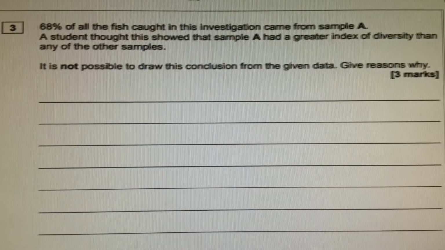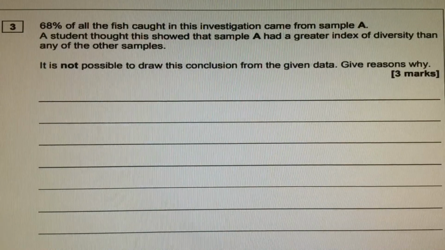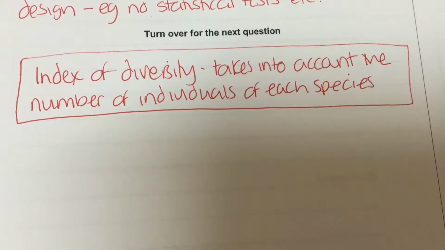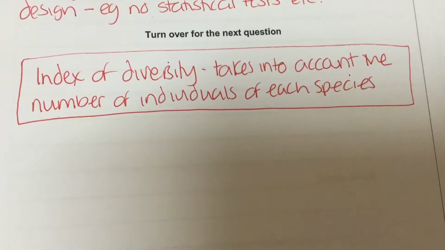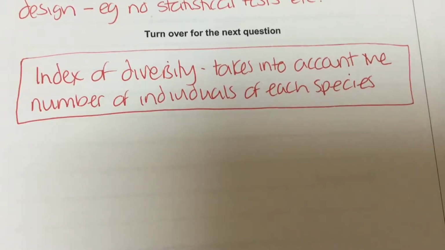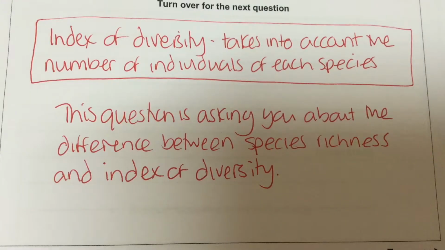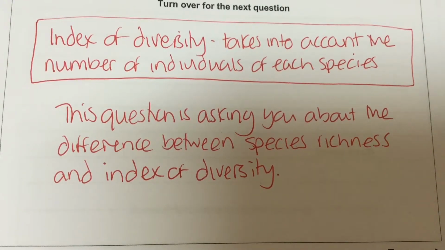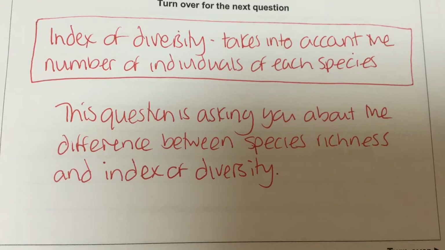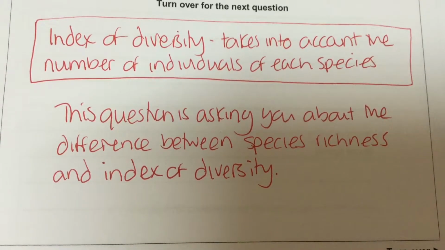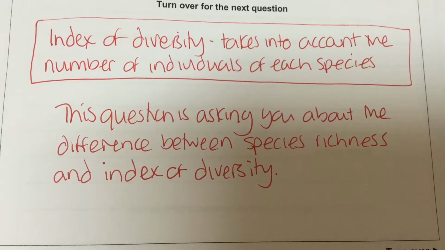Pause the video and just think of 3 reasons why. This is a typical question from AQA in that they don't want to know what species richness is. They don't want to know what index of diversity is. They want to know what is the difference between them. The graph has given us species richness, and they're asking us why it doesn't show index of diversity.